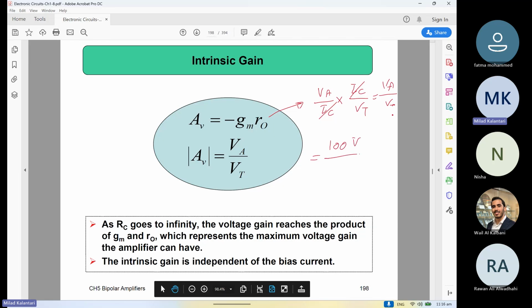VT is how much? 25 millivolt, right? Then what would be the expected highest gain? 4 kilo, I guess, right? Yes, the single stage common emitter very ideally can reach this very high gain, 4,000 times.